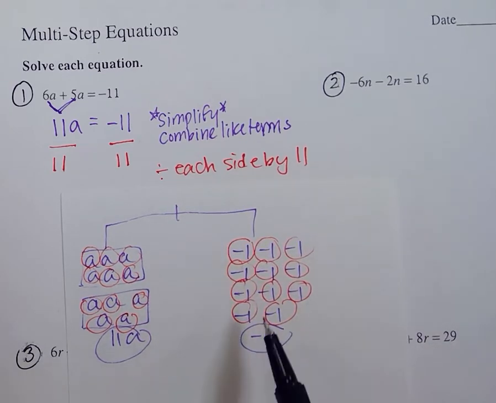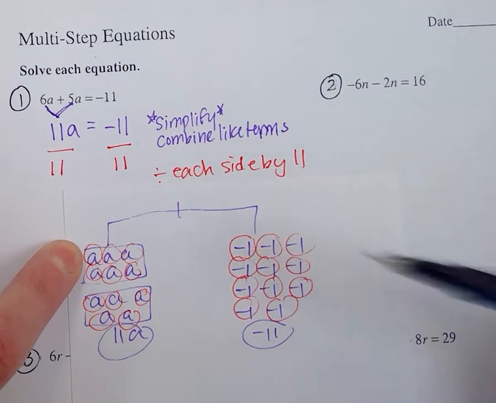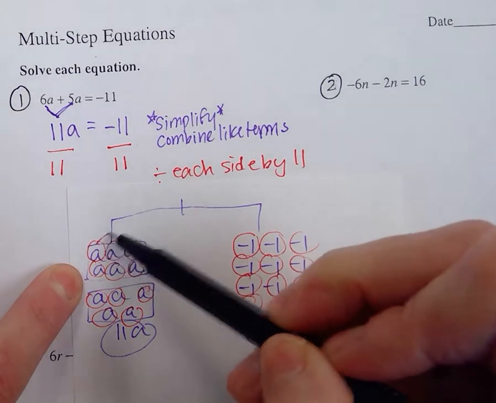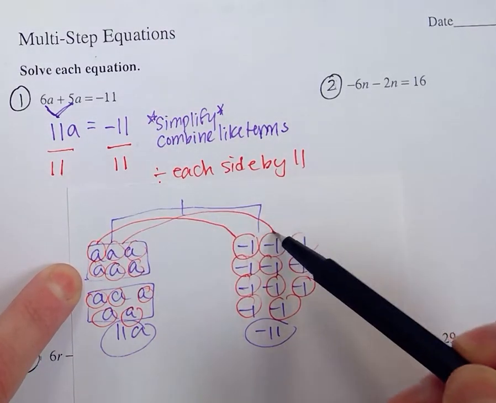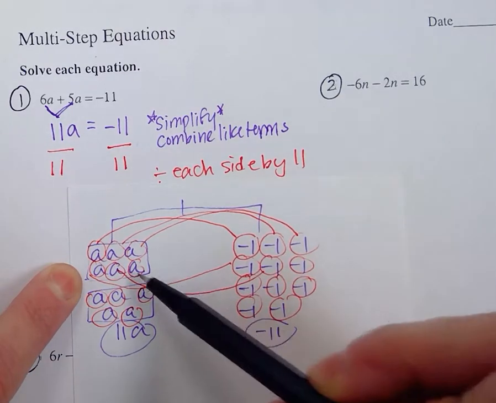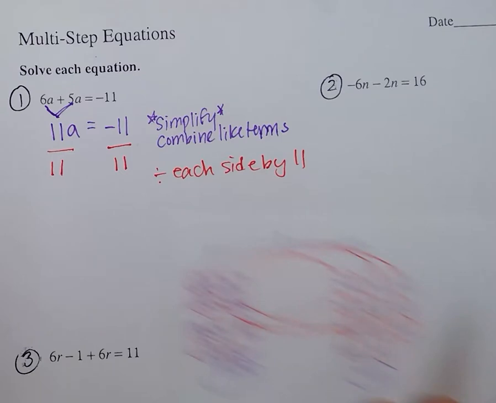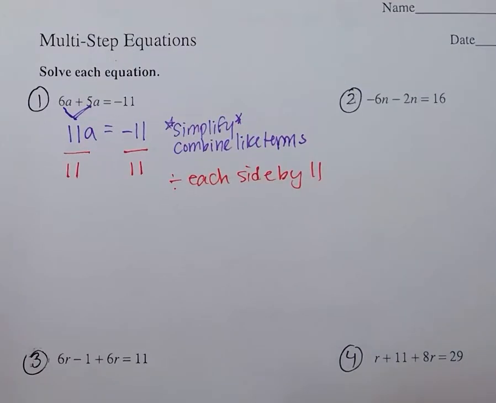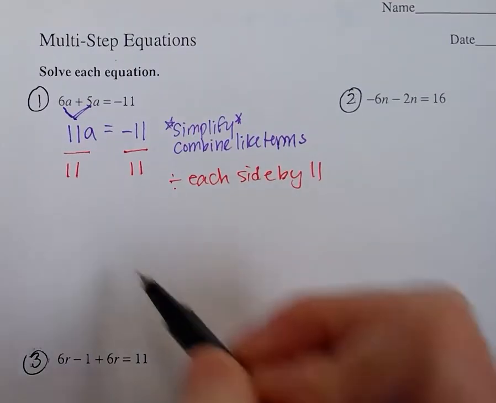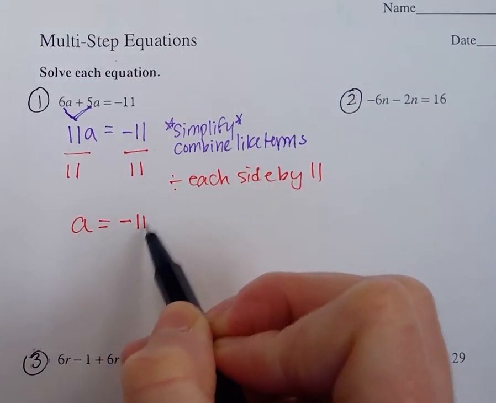And it works out nicely that 1A and negative 1 match up in a group, right? So every A has a -1 to match because I broke them up into 11 groups. And then my final answer is A equals -11.